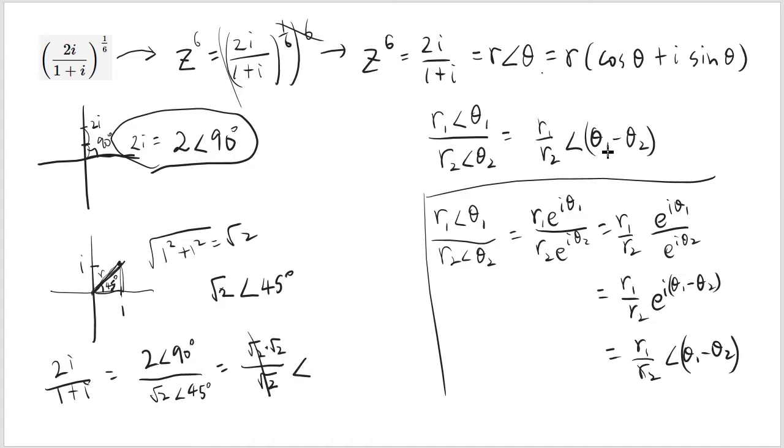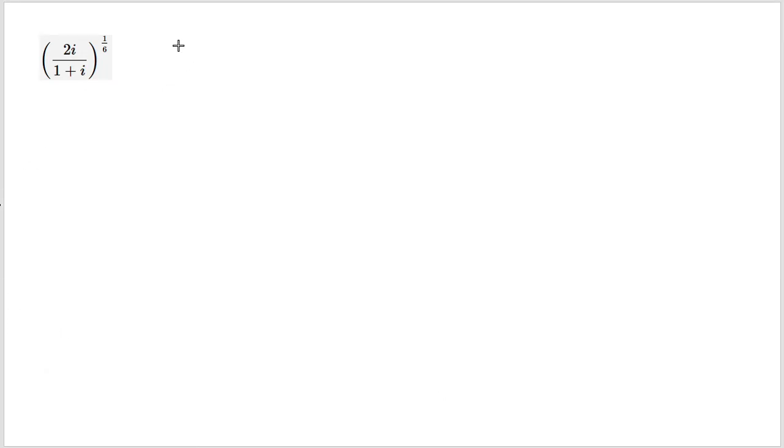And the angles subtract: 90 degrees minus 45 degrees is 45 degrees. So that's what the right side is equal to, which means what we want to solve is: for which z is its sixth power equal to square root of 2 angle 45 degrees.